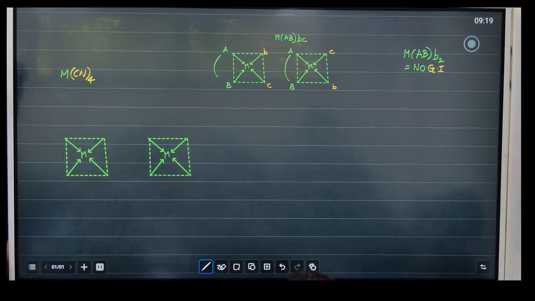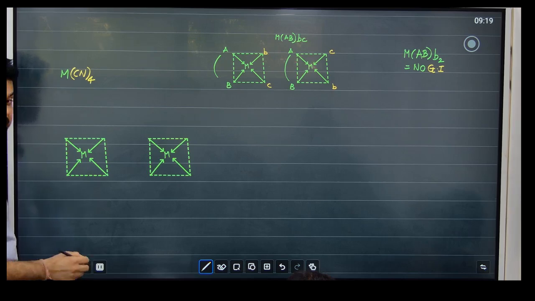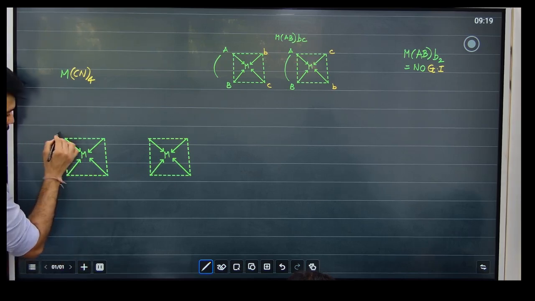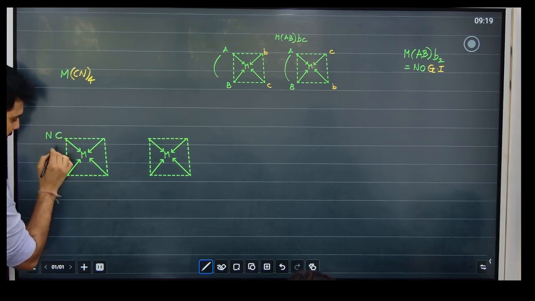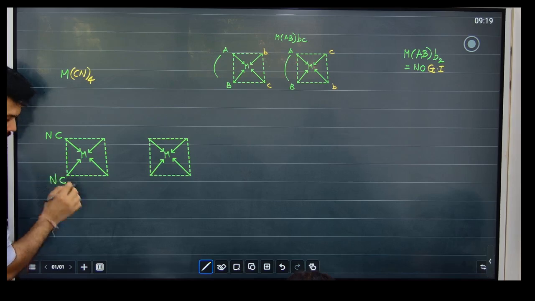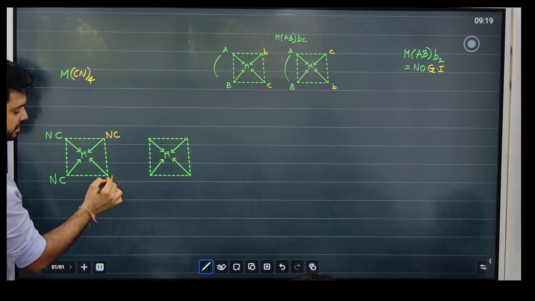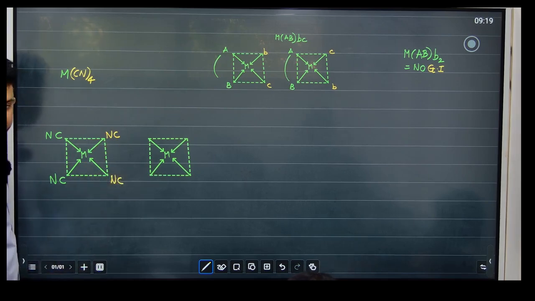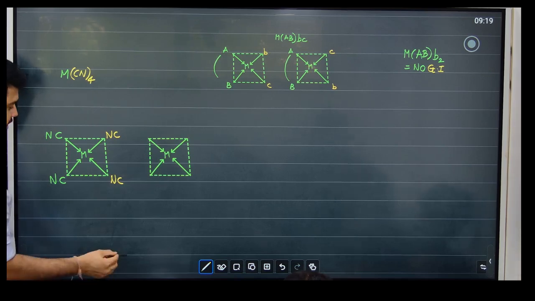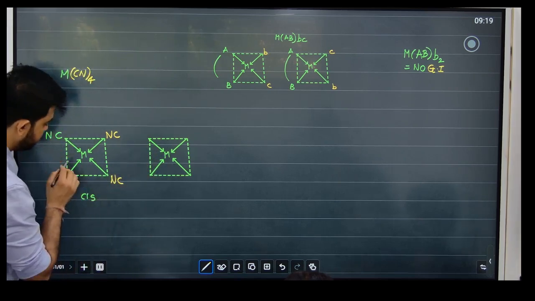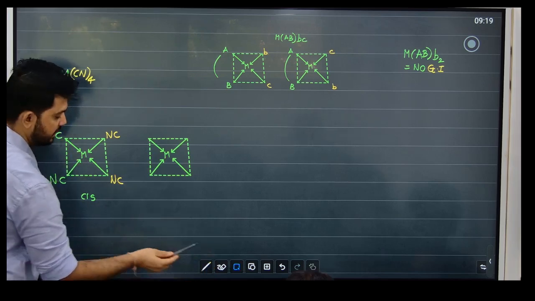Will it show GI? How? Because CN is ambidentate. So see, this is CN, correct? I can have NC. Did you get that? And the second configuration, let's say this is cis, because the angle between C and CN is 90.